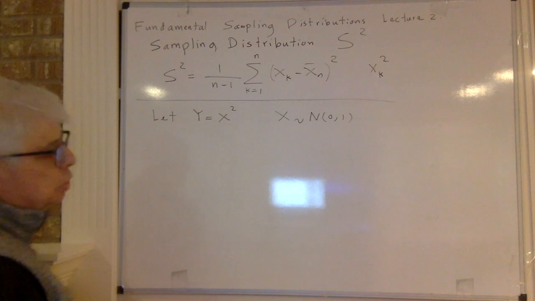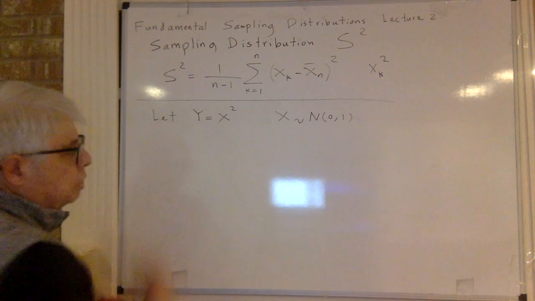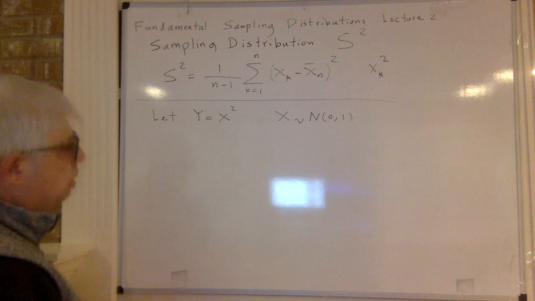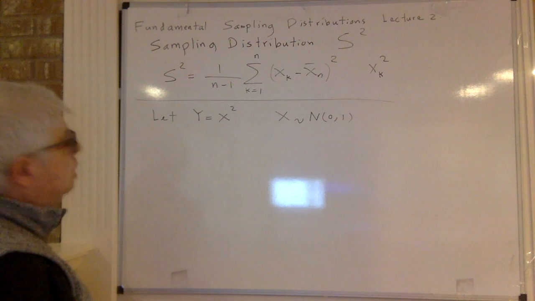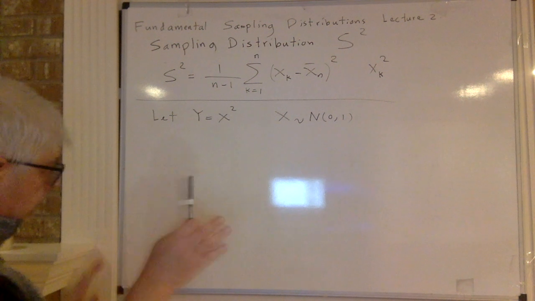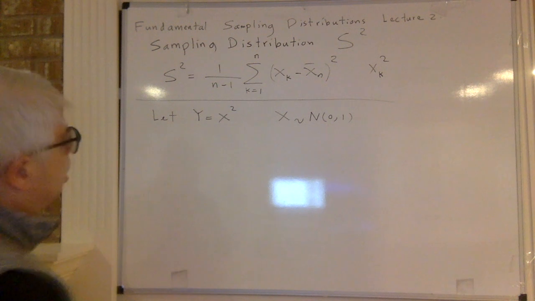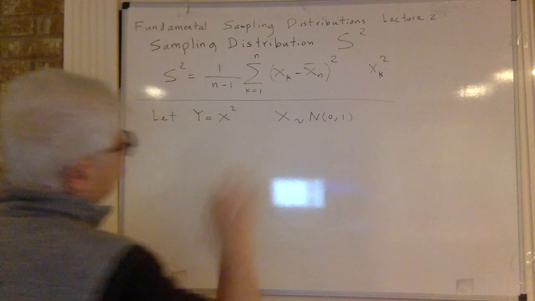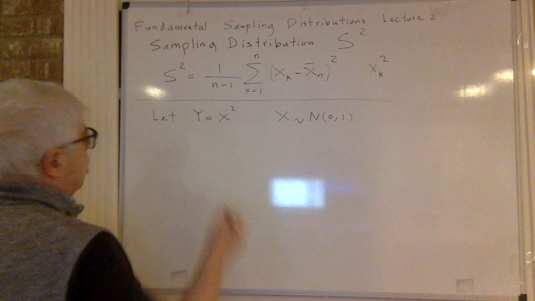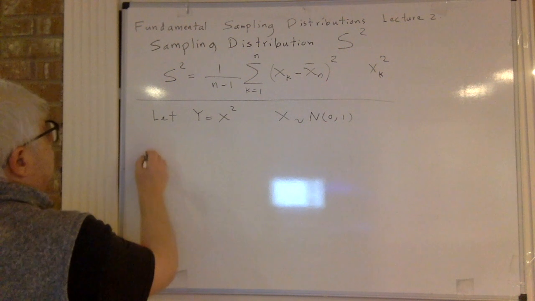When we want to find the distribution of something like this, which is in fact a function of x, that is x squared, we find the CDF first, and everything here is continuous. So we have to find the CDF.